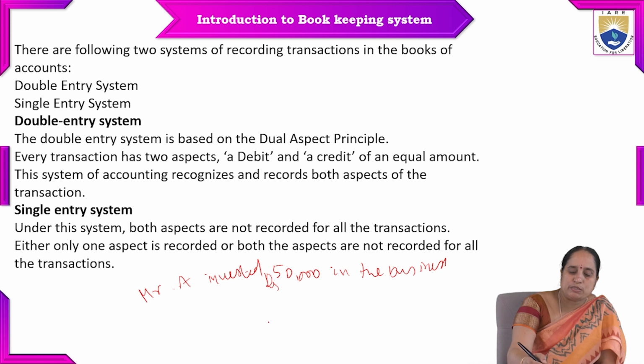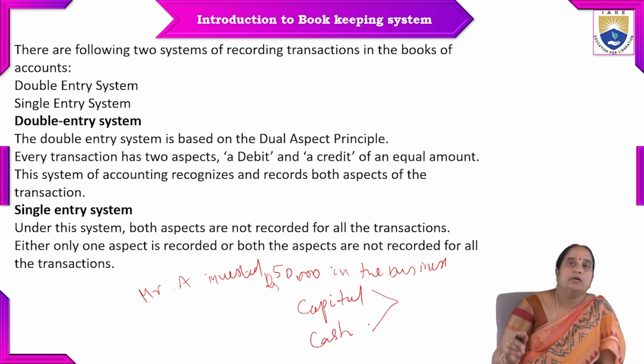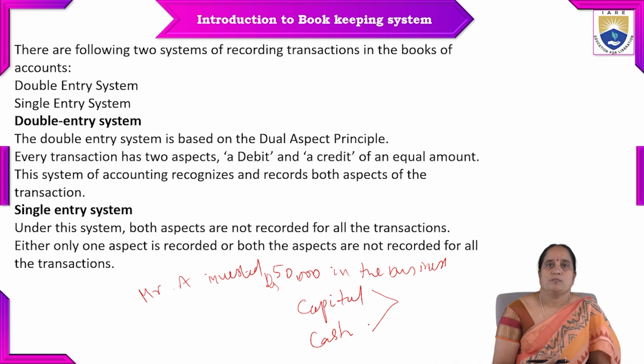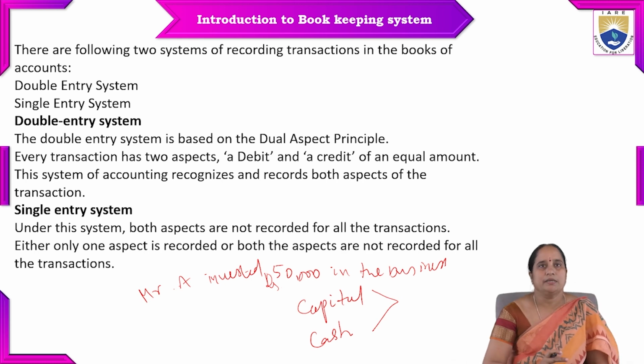So we used to specify this account in two ways. One is in terms of the capital, another one is in terms of cash. So this type of recording the transaction of the same equal amount in two different accounts is known as double entry system.